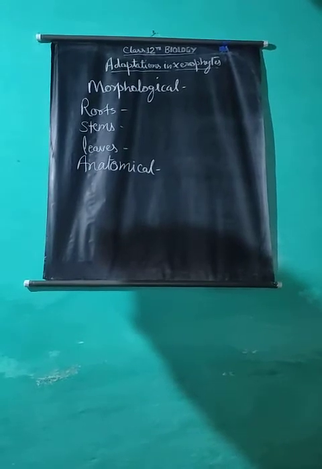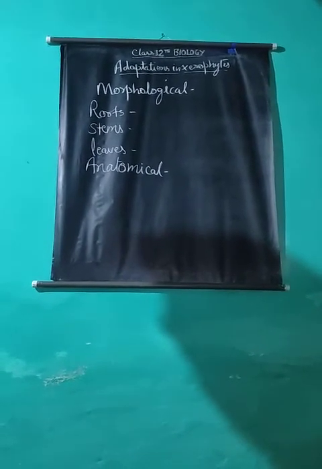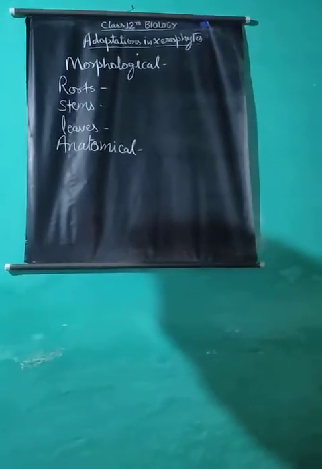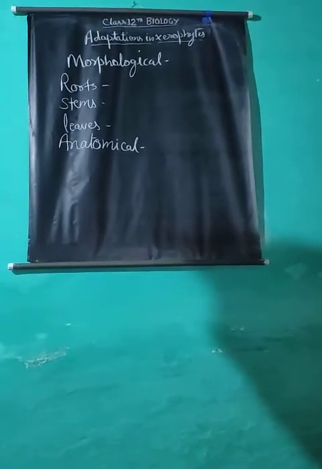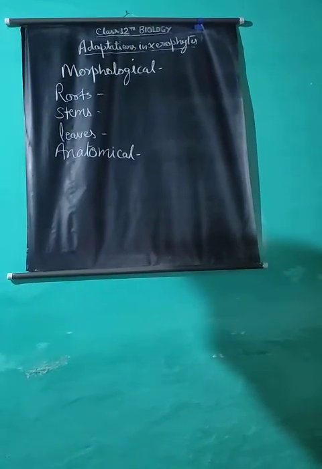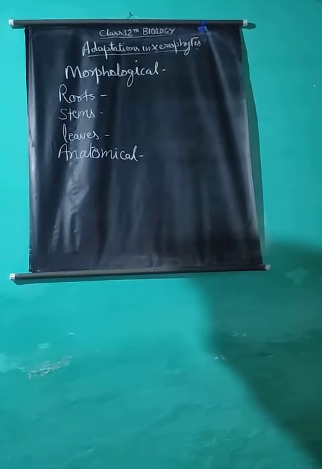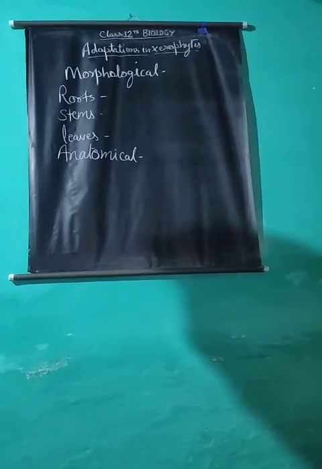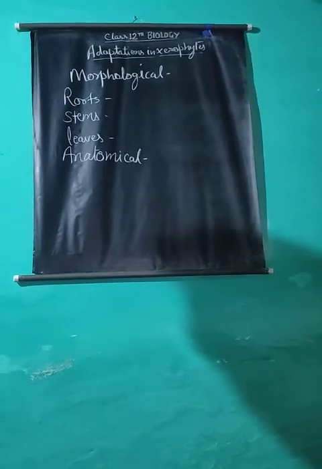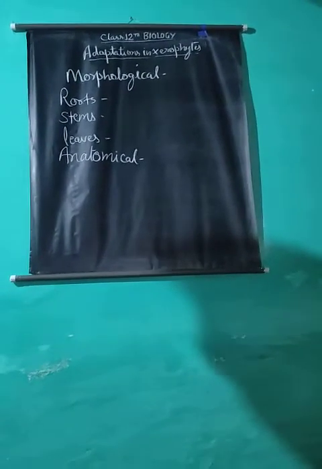Mechanical tissue in the form of collenchyma and sclerenchyma is more developed. Intercellular spaces in between cortical cells are either absent or very small in size. Cortex may also be chlorenchymatous in case the leaves are modified into spines. Hairs are found on the surface of epidermis, which check water loss through transpiration.